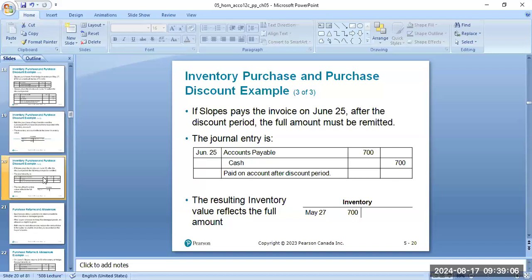In this case, as you can see, our inventory is going to be more expensive. It's going to be $700, not $686, like in the previous case. So what does that mean? That means if the seller gives you a discount, take it. Just take it.